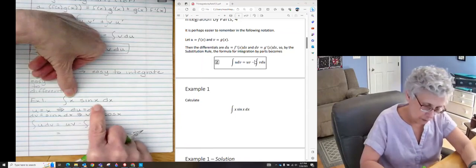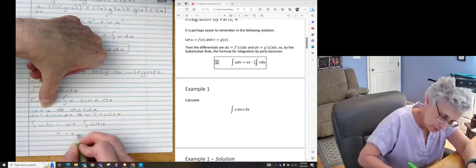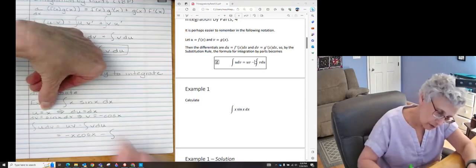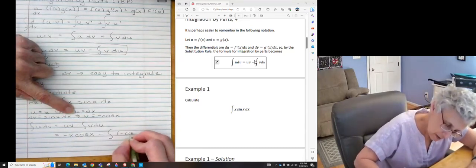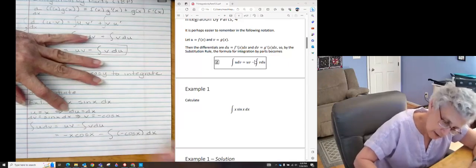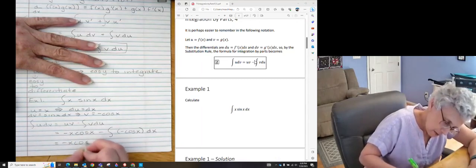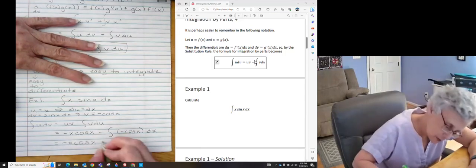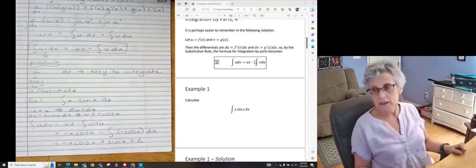So u times v, I'm going to put the minus out in front, minus x cosine of x, minus the integral of v, minus cosine of x, du, which is just dx. So minus x cosine x. I have minus minus, so plus the integral of cosine, which is sine of x, plus a constant.